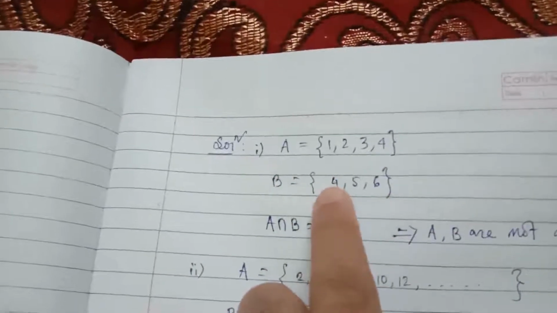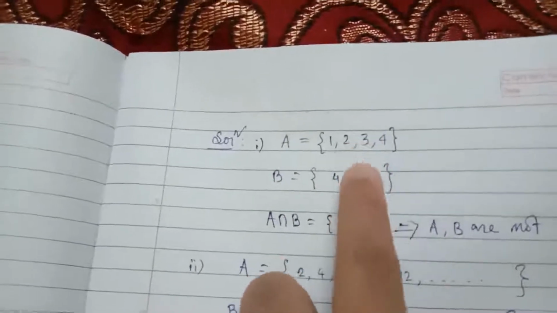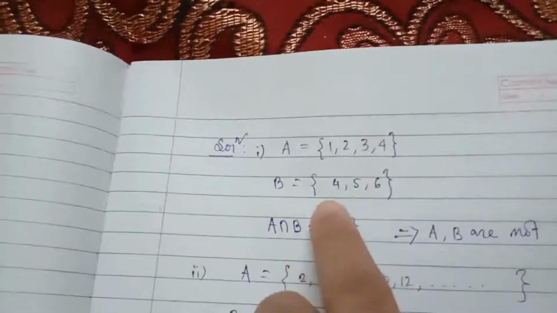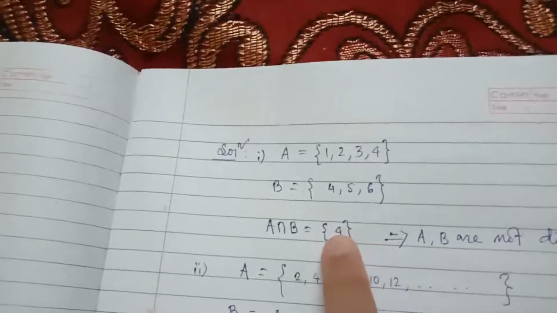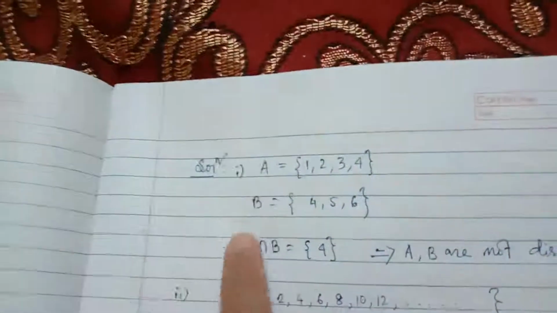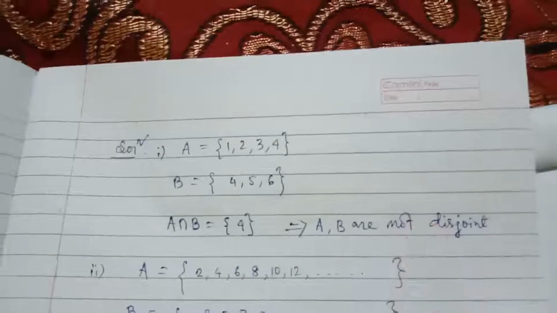So B equal to 4, 5, 6. A intersection B equal to 4, there is a common element 4. So as there is a common element in A and B, A and B are not disjoint.